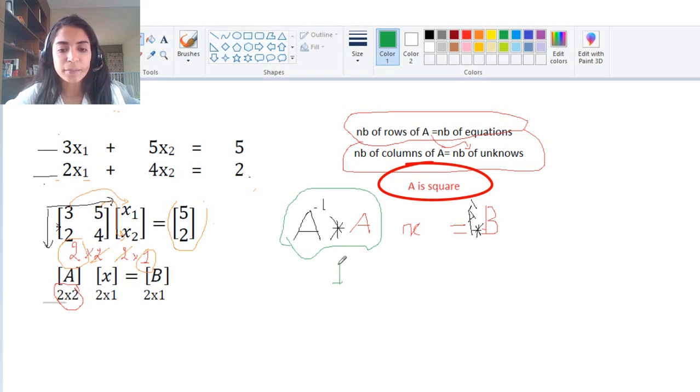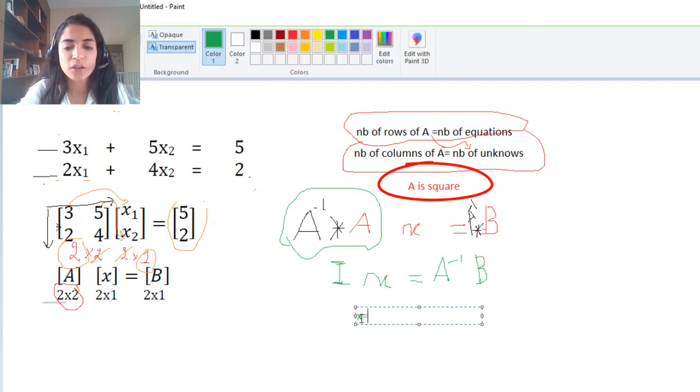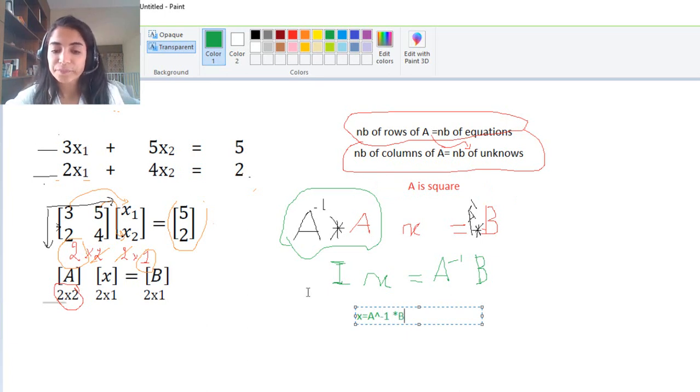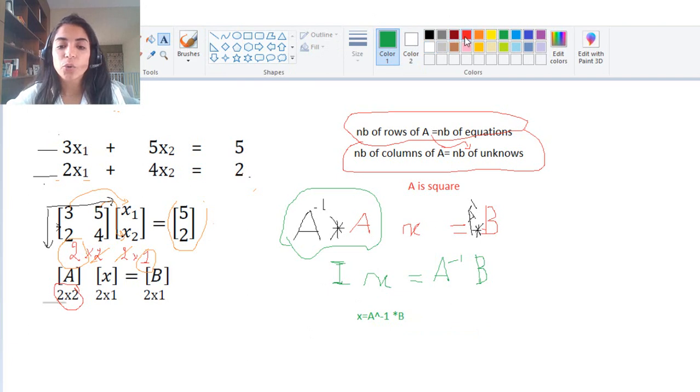It is the identity matrix I. And I know that I times X is basically X. So I times X, which is X, is equal to A minus 1 B. And this means, guys, that X is equal to A minus 1 times B. And this is how you can find the unknown X. So basically, X should be equal to the inverse of A times B.